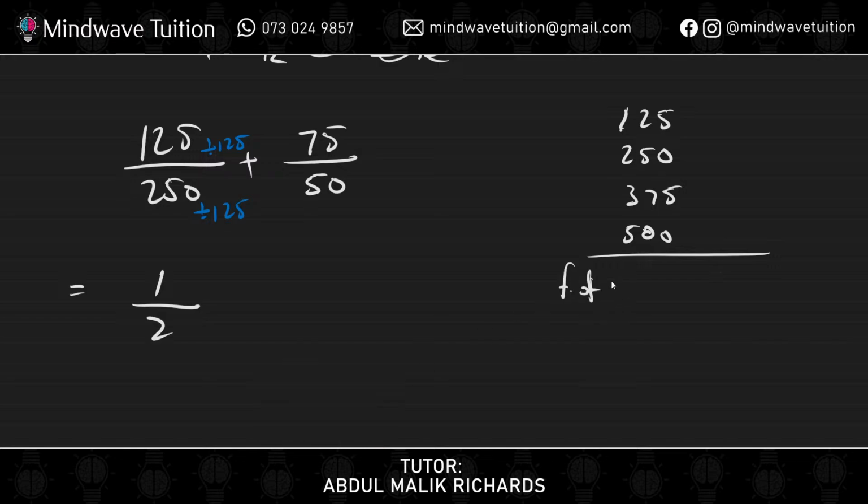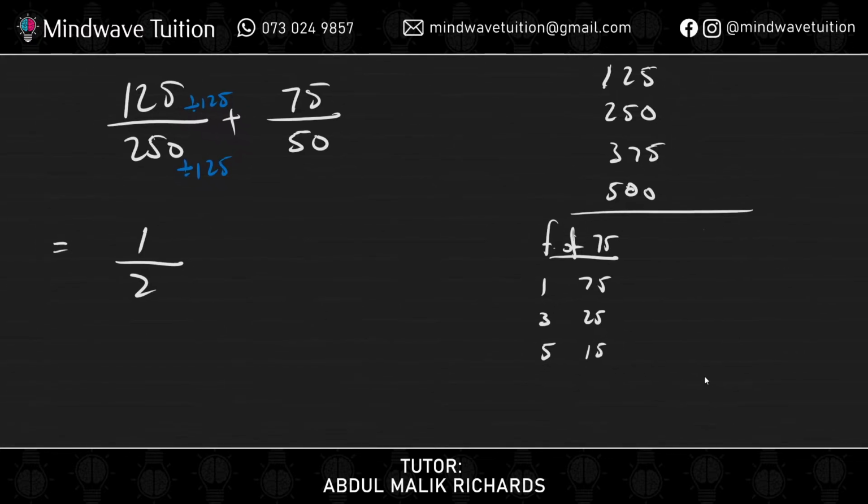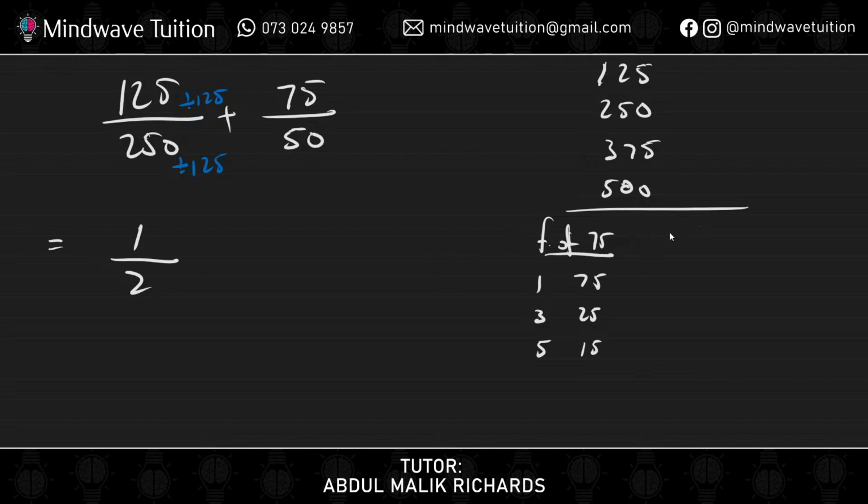Factors of 75. So it's going to be 1 times 75, 2 can't go in there, 3 times 25, 4 can't go in there, 5 times 15, and I think that is it. For the factors of 50, it's going to be 1 times 50, 2 times 25, and 5 times 10.